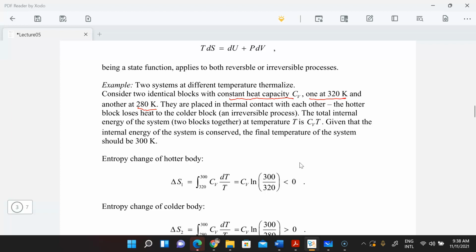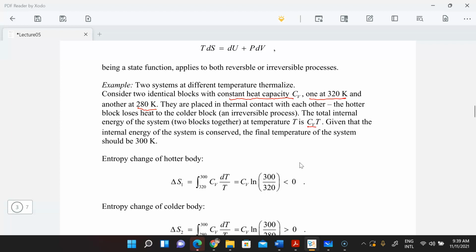So in other words, as you probably would know, the hotter body will lose heat to the colder body. And one could actually calculate the total internal energy of the system by just multiplying your heat capacity, which is supposedly given over here, multiplied by the temperature T.